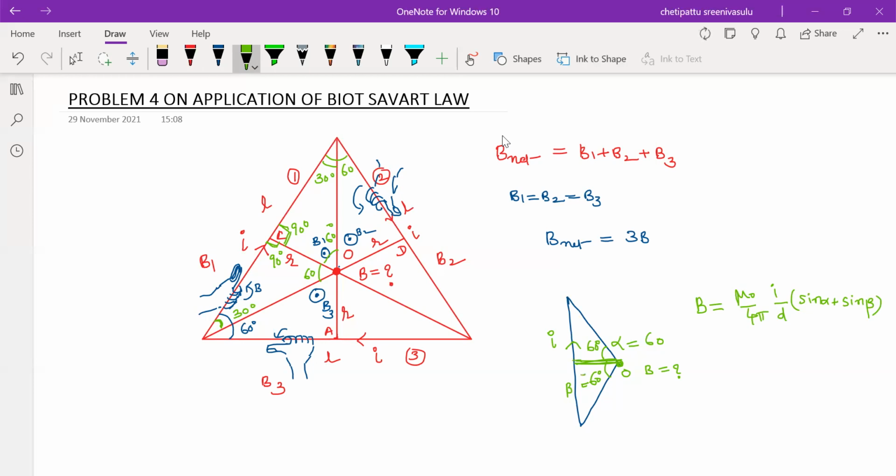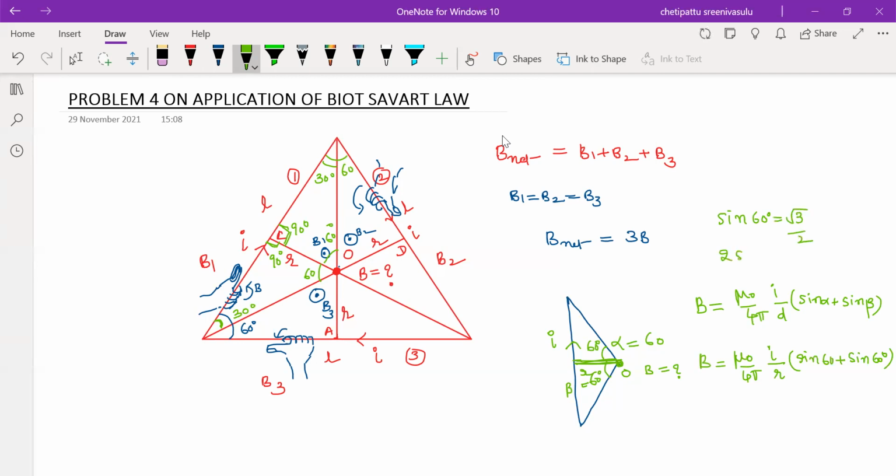Now you write here B equals mu naught by 4 pi and I by R, sin 60 plus sin 60. Sin 60 value is how much? You take sin 60 value. Sin 60 value is root 3 by 2.